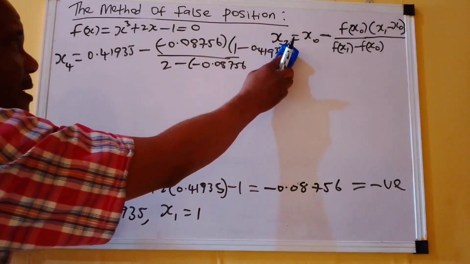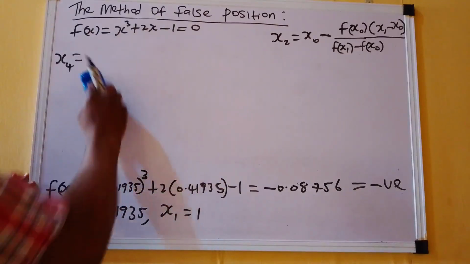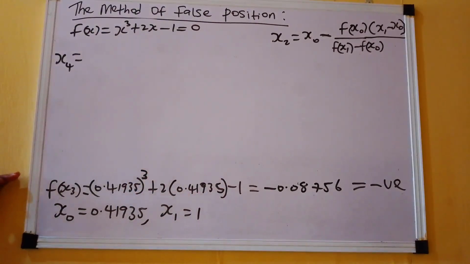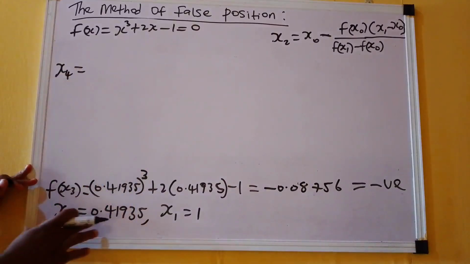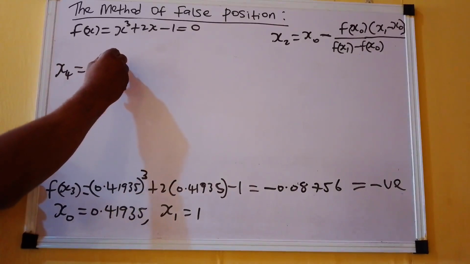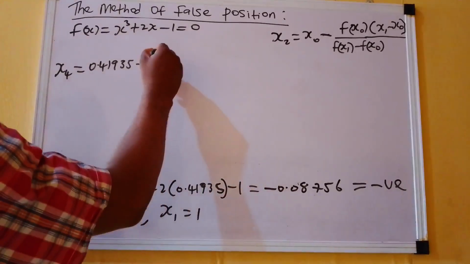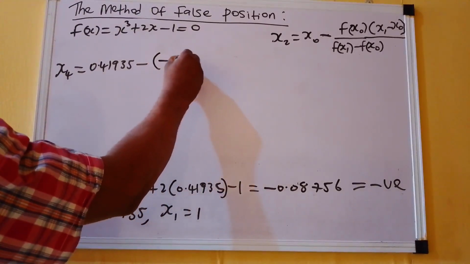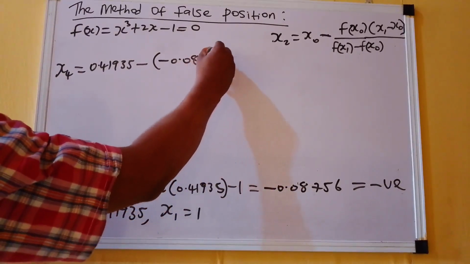Permit me to write it neatly. Let me bring it down a bit. So our x4 will be equal to x0 is 0.41935 minus, then f of x0 is this, minus into 0.08756.